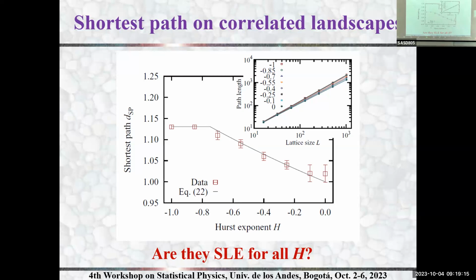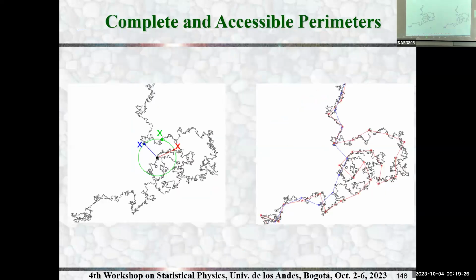Now I will answer this question for the classical perimeter of percolation clusters. Remember, we touched this subject very briefly in the first lecture, namely that in 2 dimensions, the surface of the incipient infinite cluster, which is the cluster at PC, has a fractal dimension which is different from all the other dimensions, not like in 3 dimensions where it is equal to the fractal dimension of the bulk.